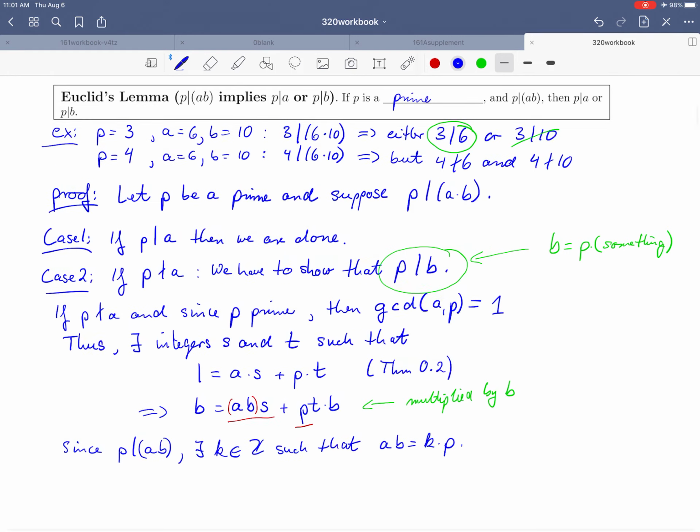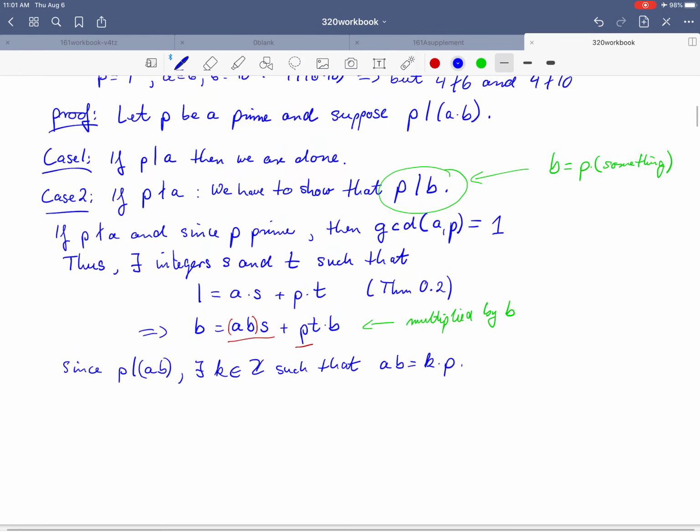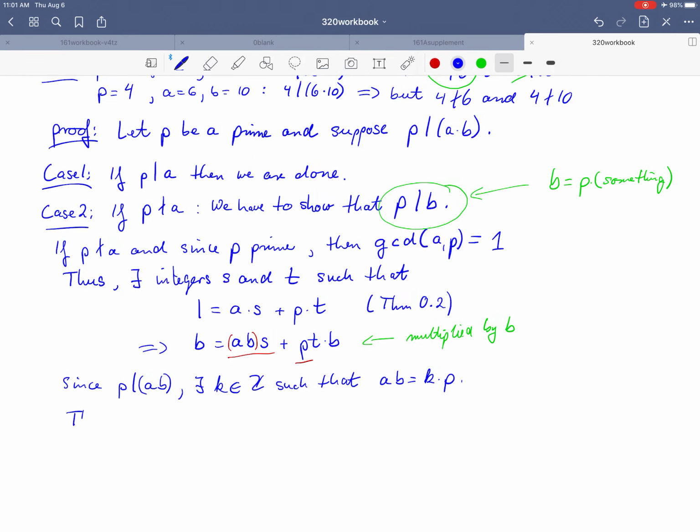Okay. So if we stick that into our equation, we have b is equal to k times p times s, plus p times t times b.